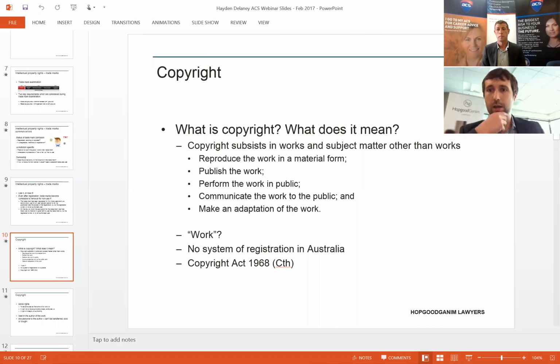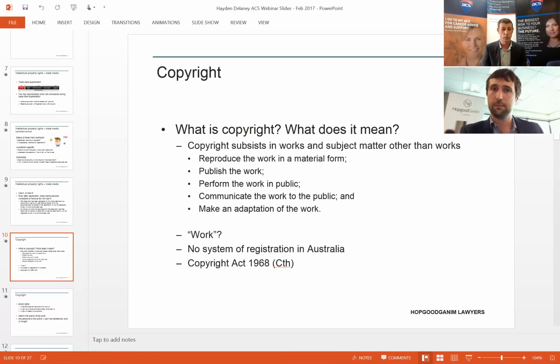So in other words, you might have HopgoodGanim as a trademark in relation to legal services, and we do have that registered for a variety of services, including legal services. But if someone applied for it in relation to selling of ham, that is not what trademarks are designed to protect. They protect it in relation to specific services. Okay, so you can have identical trademarks. They don't have to be unique, but they could be identical, but in completely different goods or services.